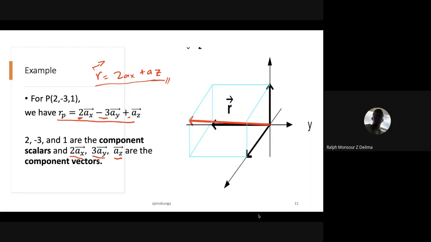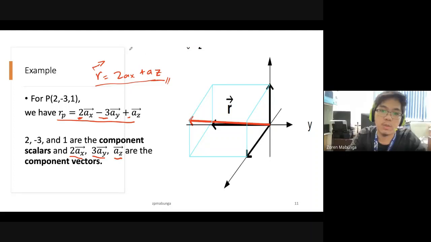102 po. Ano? 102. 201 po pala. Baliktad. Yan, 2, 0, 1. So ito yung magiging scalar component or component scalars. So ano ngayon yung vector component?